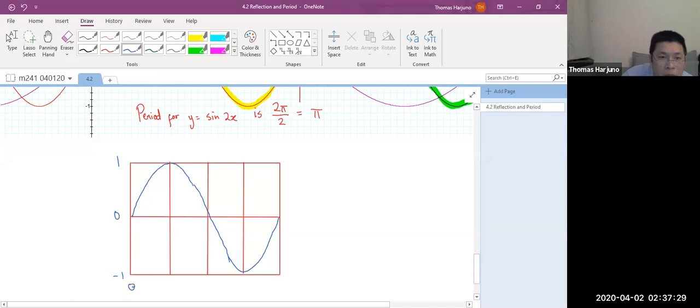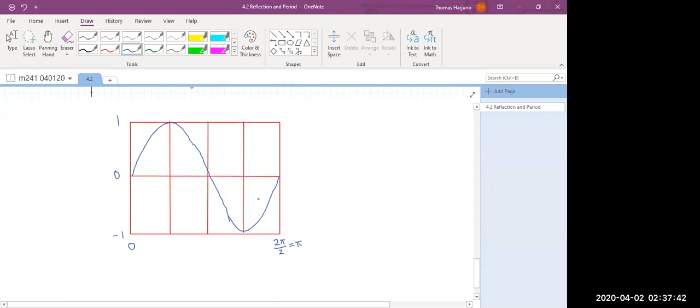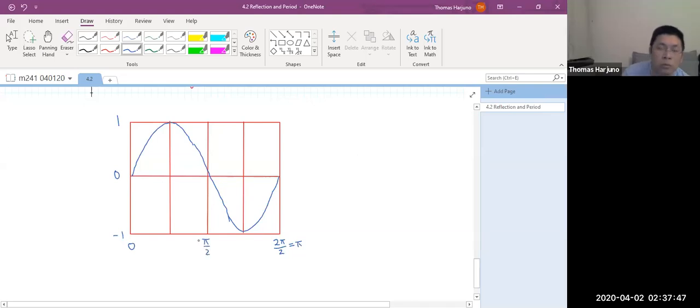It starts from 0, but instead of ending at 2 pi, now it ends at pi. You see what I mean? Yes. So the pi becomes pi over 2, and this becomes pi over 4. This becomes 3 pi over 4.